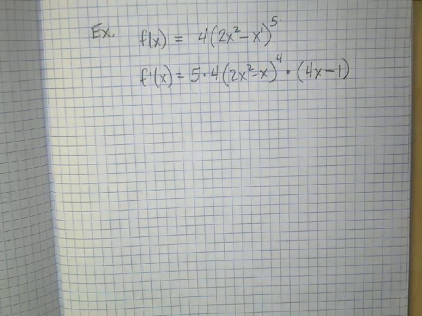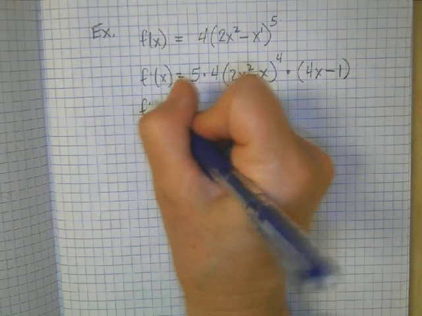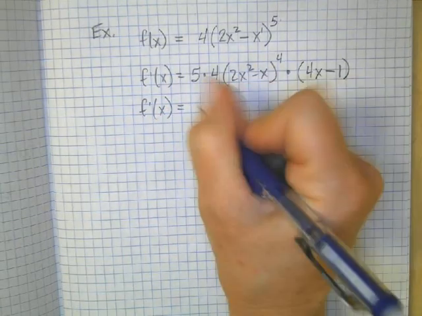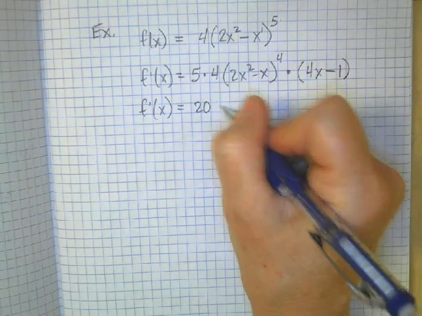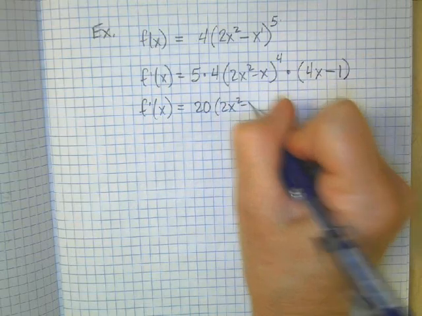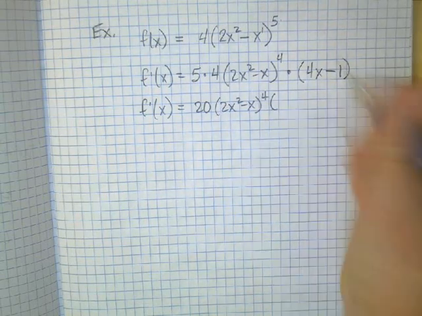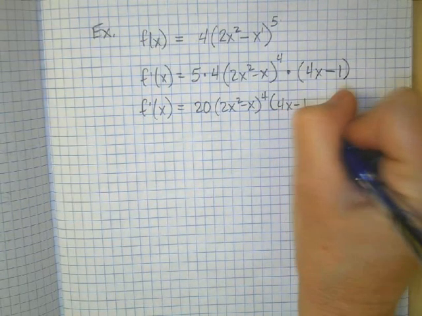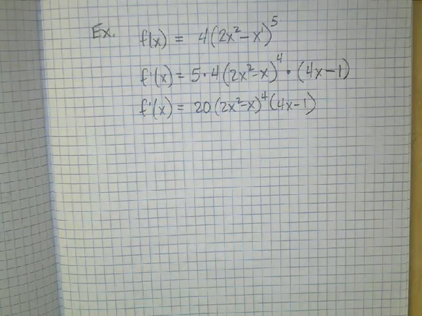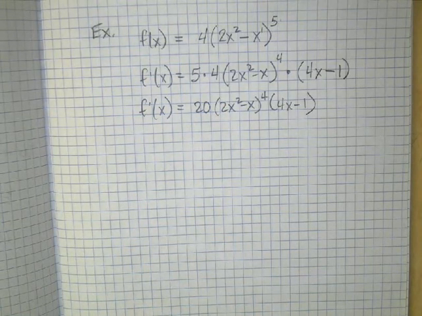Okay, and then we can simplify that a little bit, and we get 20 times 2x squared minus x to the 4th times 4x minus 1. And we can just leave it like that. We don't need to keep going. Okay, so there it is, doing it without U substitution.